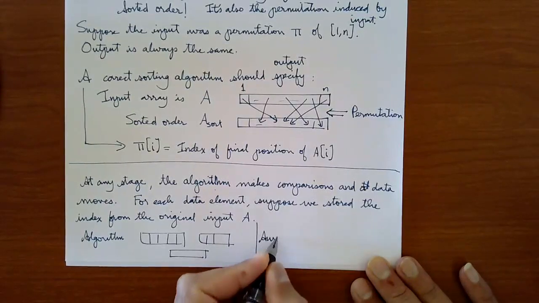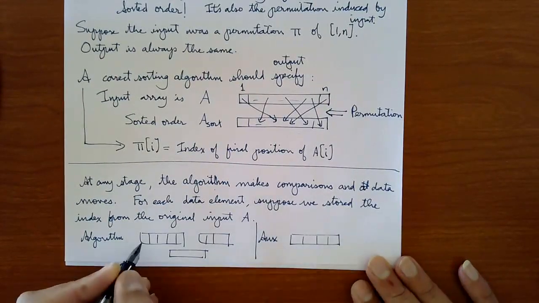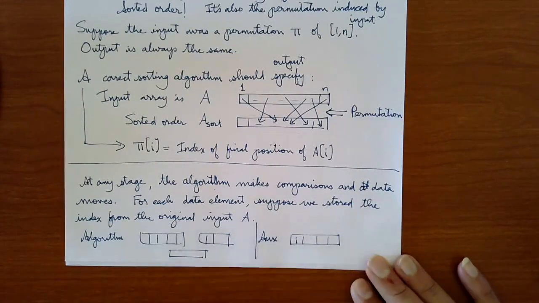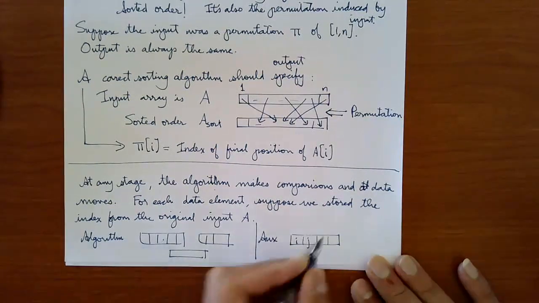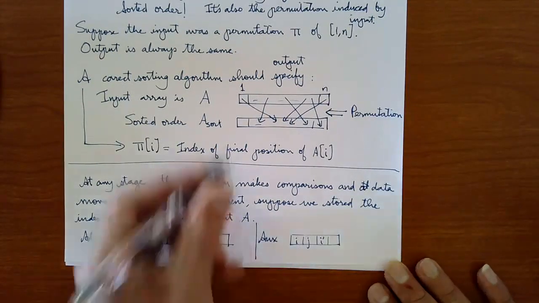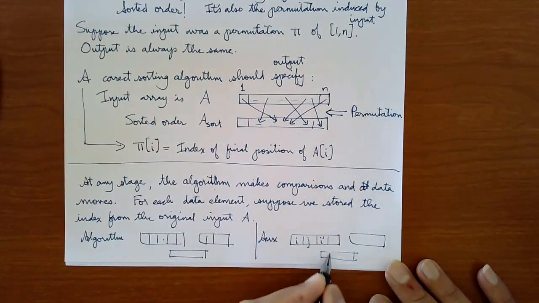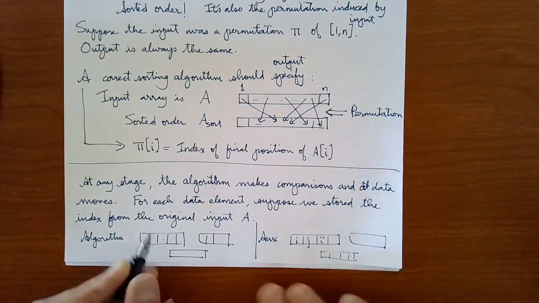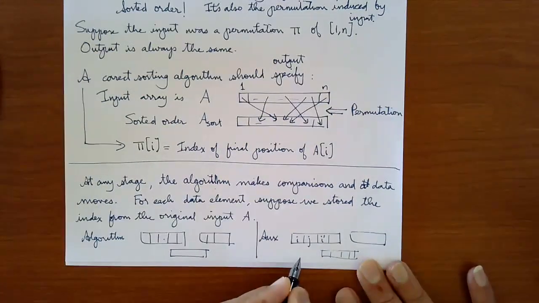I'm just going to maintain an auxiliary memory that says, oh, this element, this was the ith element, this was A_i, that was A_j, this is i prime. So this is just maintaining the index of where it came from, and so on and so forth. So suppose I maintain this index. Now, anytime the algorithm copies an element, I can just copy this index.